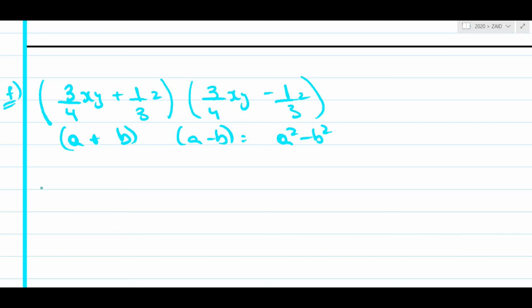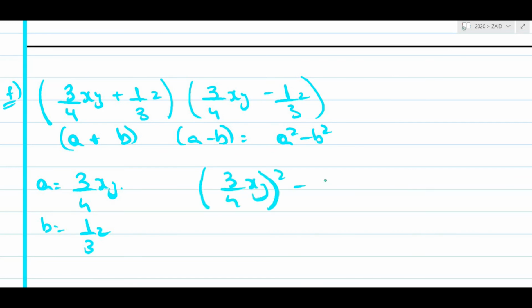In this case, a would be 3 upon 4xy, whereas b would be 1 upon 3z. Therefore, instead of writing a square minus b square, you would be writing (3 upon 4xy) whole square minus (1 upon 3z) whole square, and your final answer would be 9 upon 16x square y square minus 1 upon 9z square.